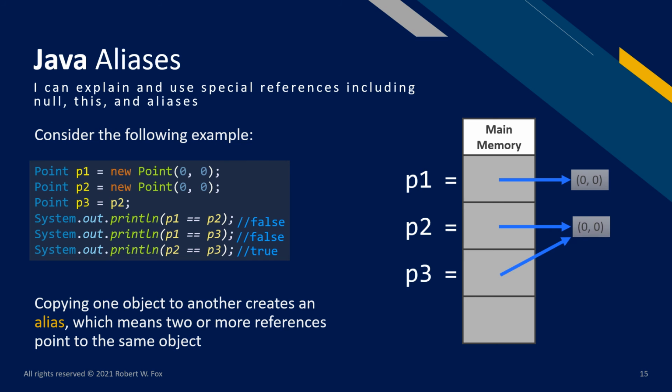However, if we get down to P2 equal equal P3, this is going to be true because P2 and P3 both contain references and they both refer to the same object. In other words, the equal equal with objects will tell you if two object references are aliases of each other.